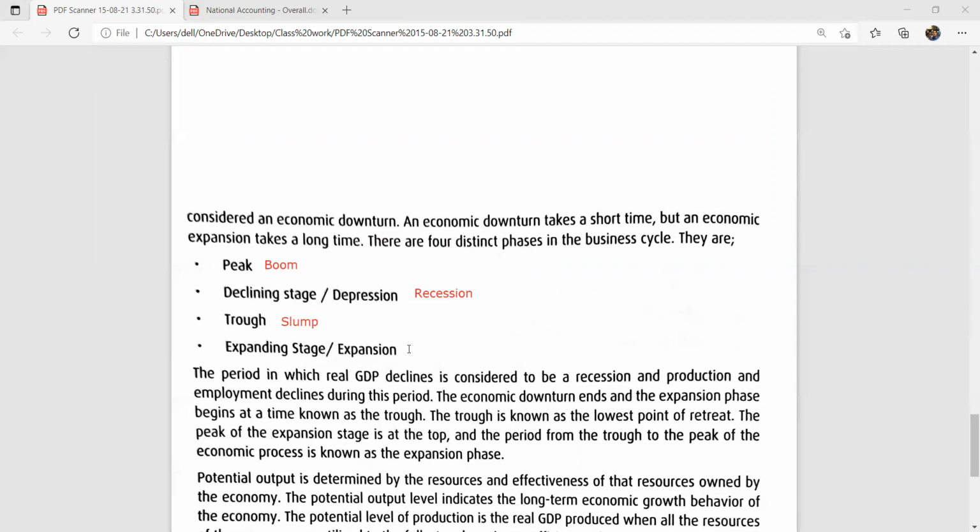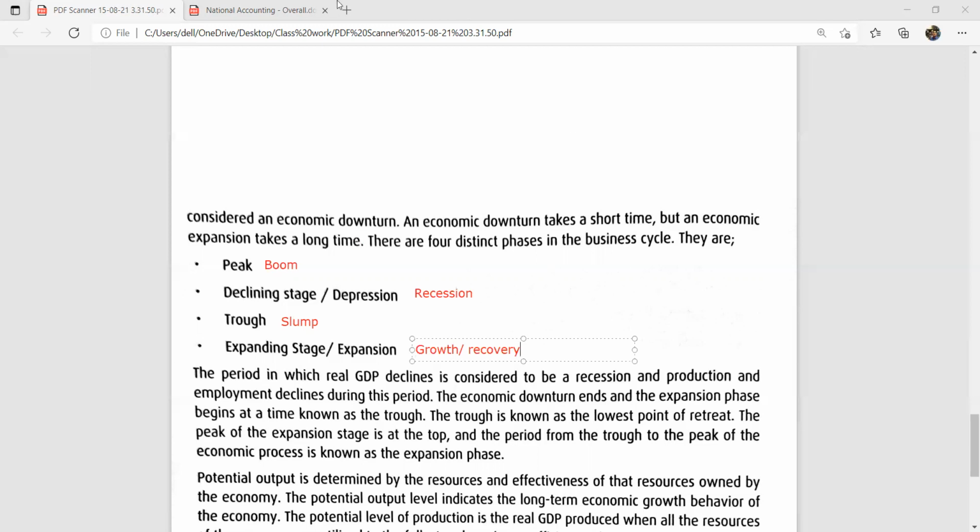Here the expanding stage, or else expansion, if not growth. Sometimes recovery. Right. These are similar words for each and every stage.